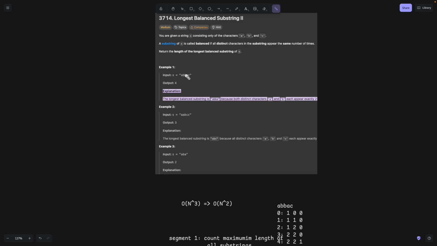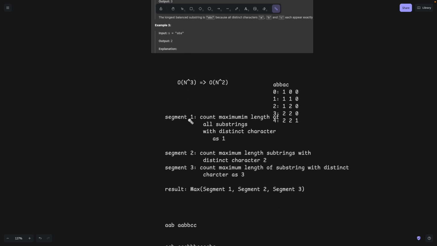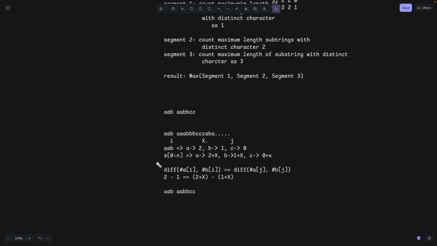But if we talk about length 3, the solution that we just talked about will work properly, because at the end of any substring we can calculate the difference between the counts of each of the characters.